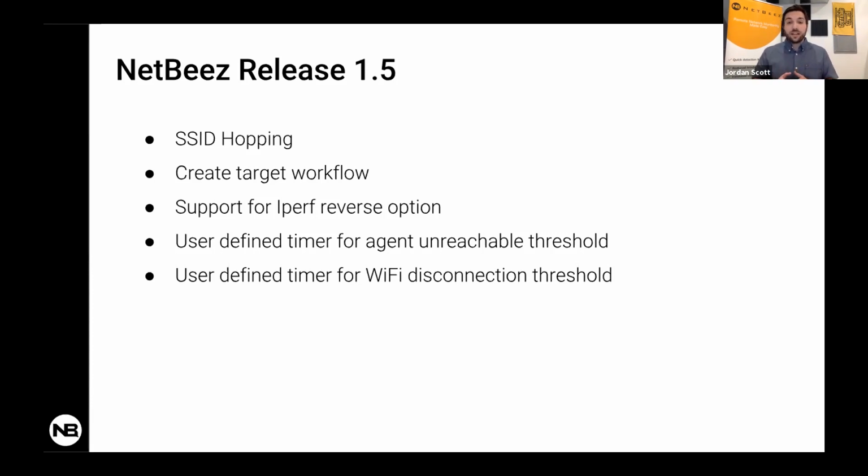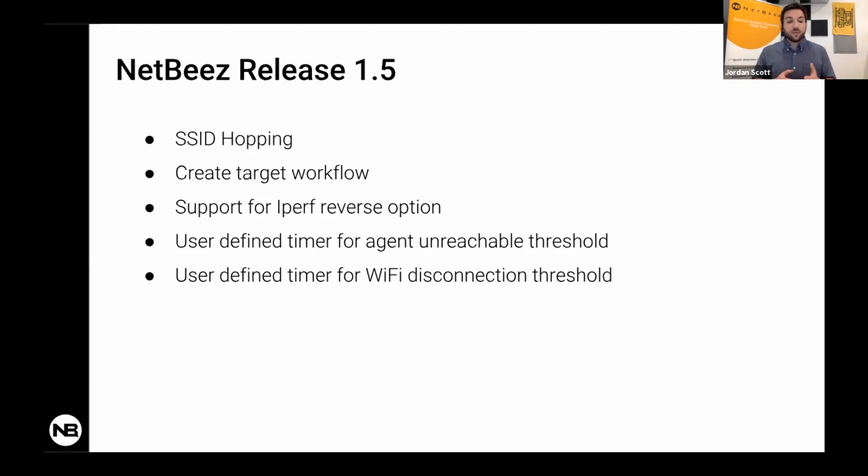Our second definable timer threshold is for Wi-Fi disconnections. This is especially important within SSID hopping because it will notify the NetBeez user when the Wi-Fi sensor is not able to connect to a given SSID after having tried for a set number of seconds. By default, this is 60 seconds.